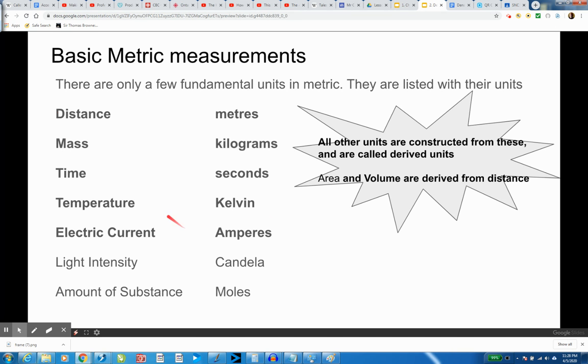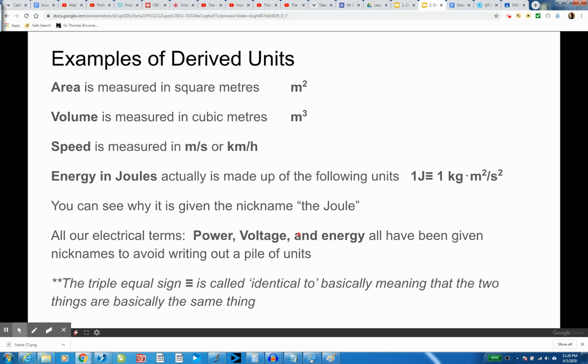So for example, speed is distance over time. Area is distance times distance. So you construct these. Amperes, you learn, is itself actually a constructed unit, but it's considered to be fundamental for really complicated reasons. So we have area, volume, speed.